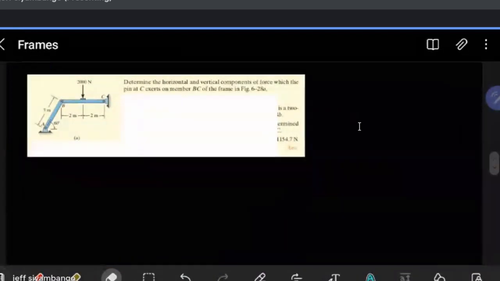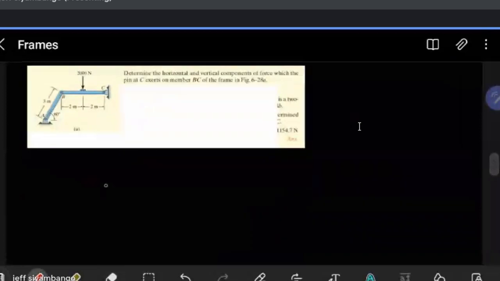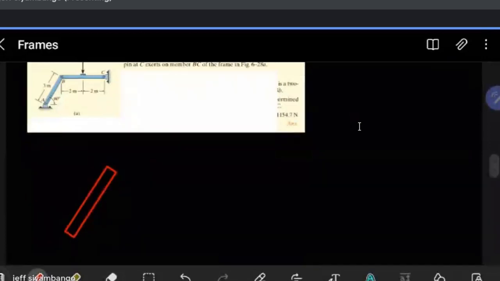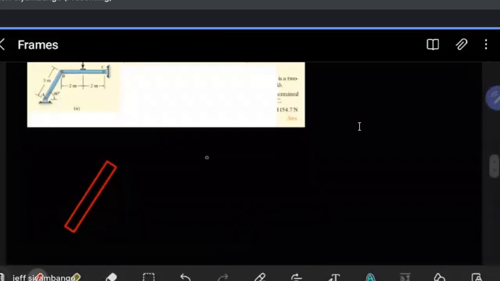We'll start by disassembling the members. So we'll start with the first one. So we have this one here. And then we have the horizontal one, that is BC.